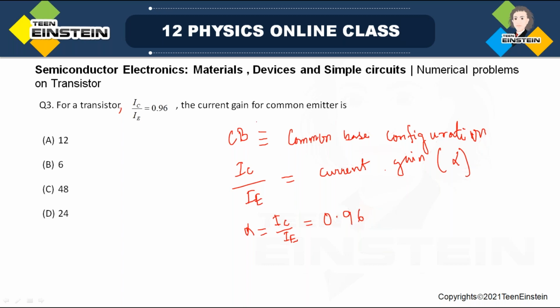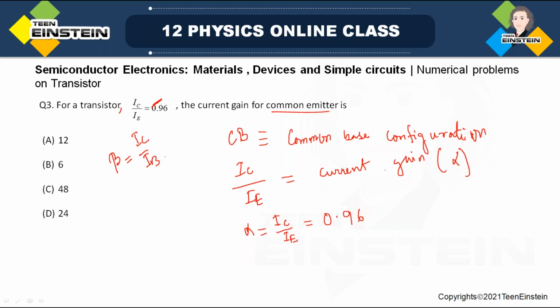Now you have to find out the current gain in common emitter circuit. So common base circuit current gain is given, and that is defined as IC by IE. Now you have to find out what is common emitter current gain. Common emitter current gain we have already discussed just now. That is beta is equal to IC by IB.